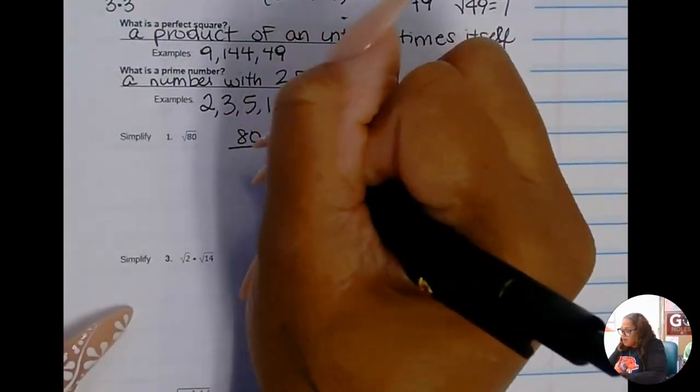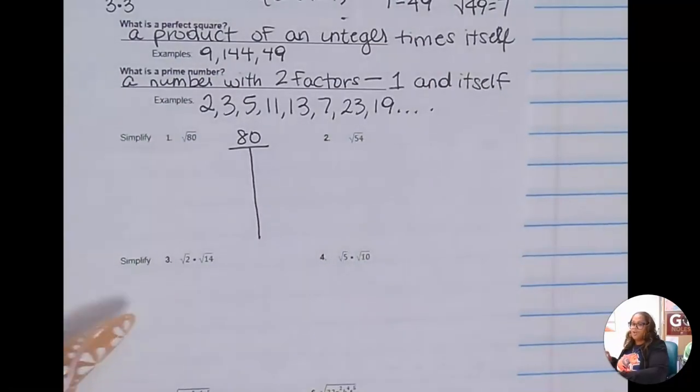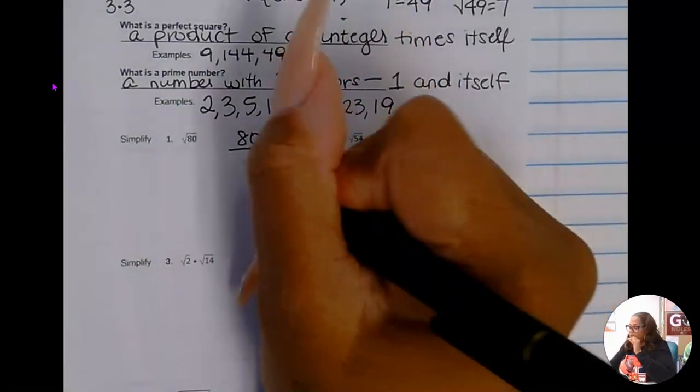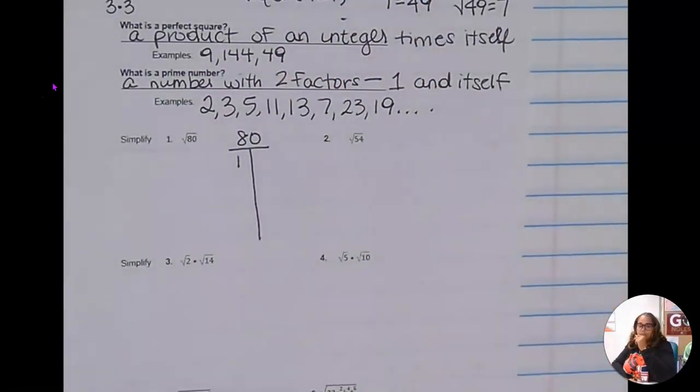Let's make a T-chart of factors. Y'all remember these from elementary school? We're going to write down factor pairs of 80 and then determine who's a perfect square. So, for starters, what times what gives me 80, starting with 1? 1 times 80.